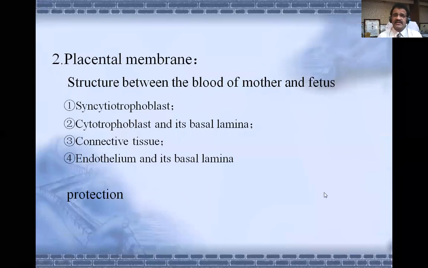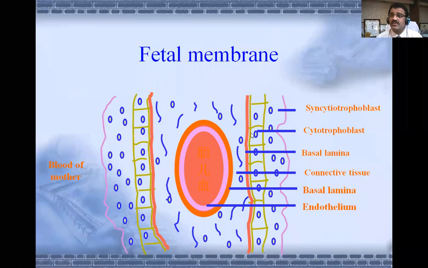And here you can see the structures between the blood of mother and fetus. Those are syncytiotrophoblast, cytotrophoblast and its basal lamina, connective tissue, endothelium and its basal lamina. And it is the placental membrane. Okay, it is meant for protection. Here you can see the fetal membrane. Now this membrane is for exchange.